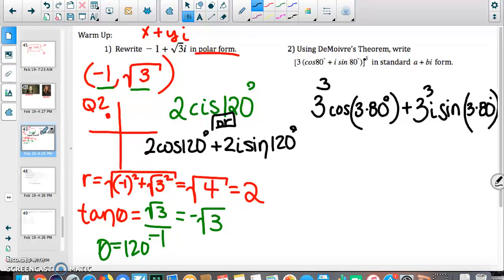So let's simplify this a little bit. That would give me 3 cubed is 27. 3 times 80 is 240. Awesome. That's on the unit circle.